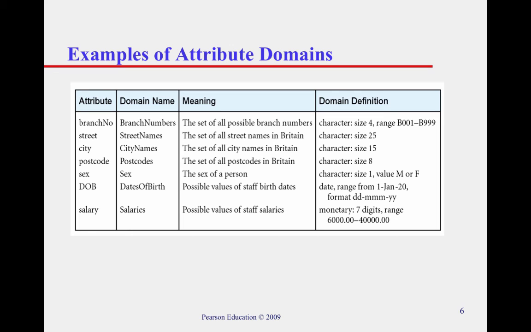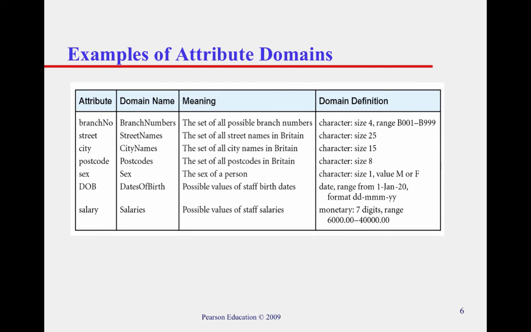You may have other domain types that you specifically create. So just like you can create your own types in C++ and Java using enumerated types, you can do the same thing in databases. So for example, you might say that a salary, rather than just being a floating point number, you might say that it's 7 digits in the range from 6,000 to 40,000.